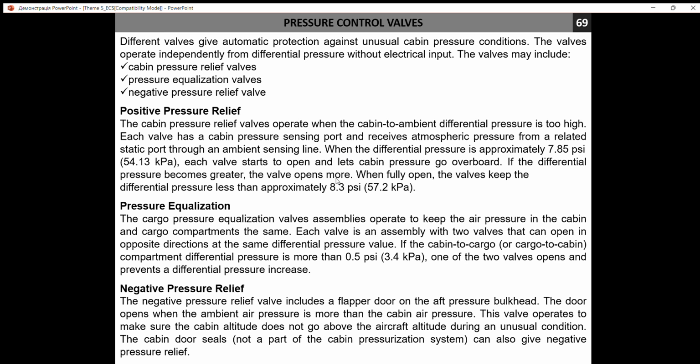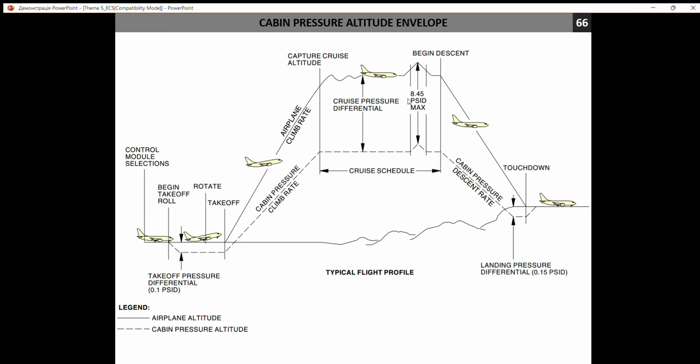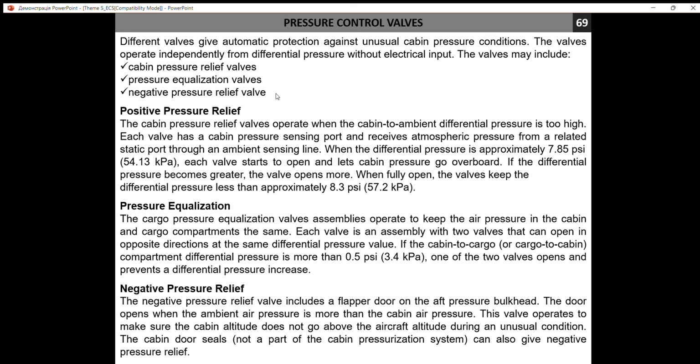For some airplanes it could be up to 9 psi. By the way, as you remember, the reason why the cabin altitude increased is the positive pressure relief valve operation that drops air outside and increases the altitude.